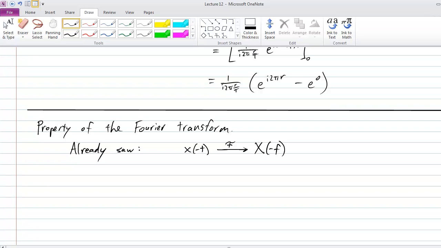That's true in general. And we saw that if x of t is real, then we have conjugate symmetry. X conjugate of negative f equals X of f. We call this conjugate symmetry.